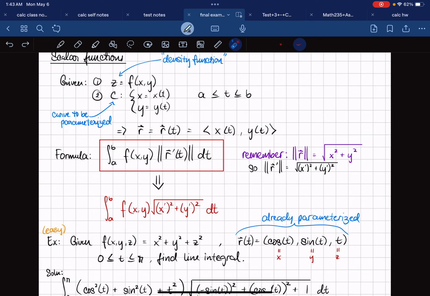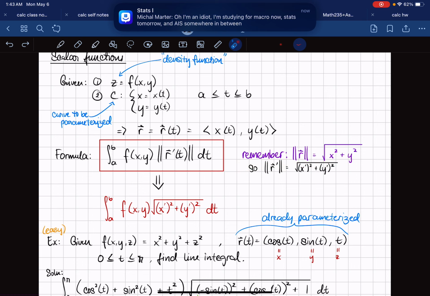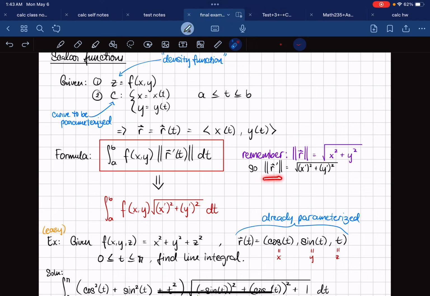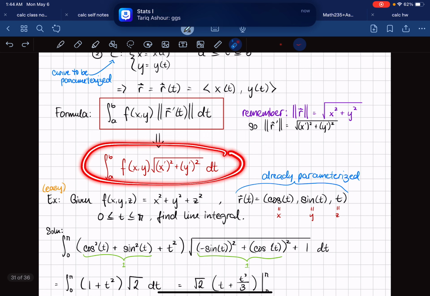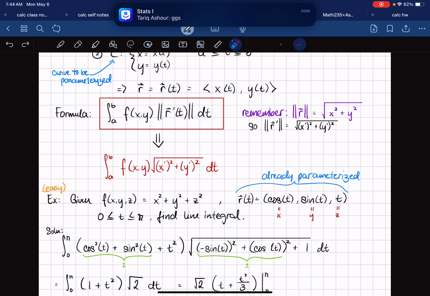And I said just remember that the magnitude of r is just the square root of x squared plus y squared, and then magnitude of r prime is just the square root of x prime squared plus y prime squared, right? And then I rewrote it just so we can substitute easier.